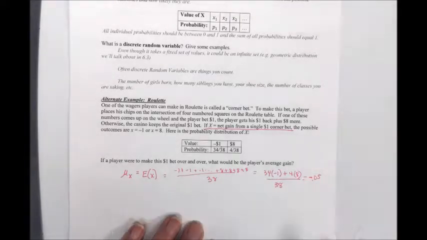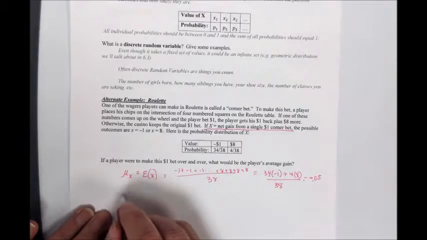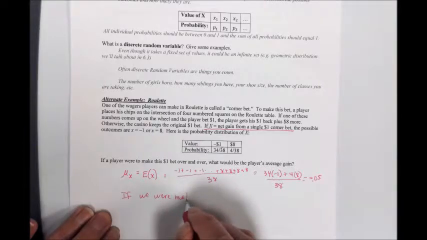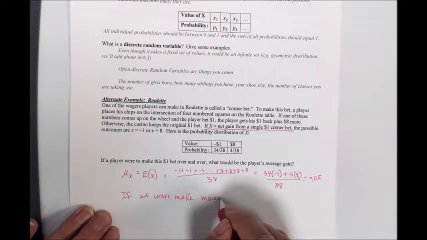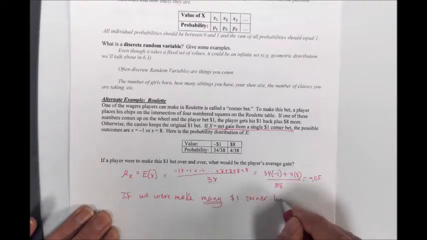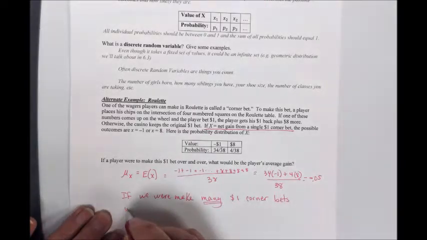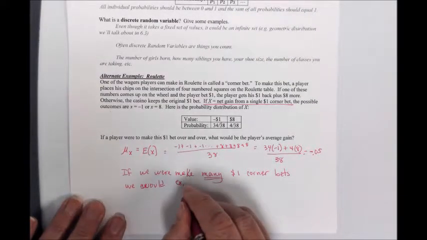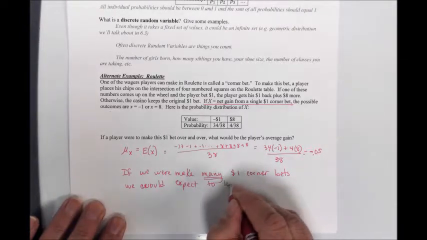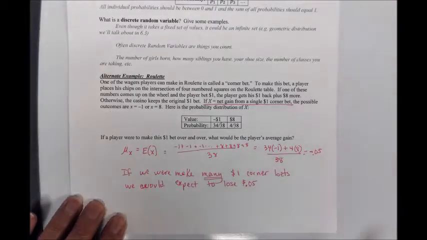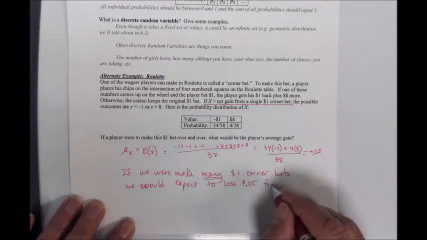So what does that mean? It means if we were to make many $1 corner bets, we would expect to lose $0.05 for every dollar bet.